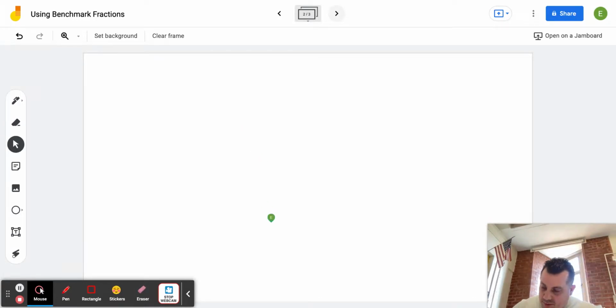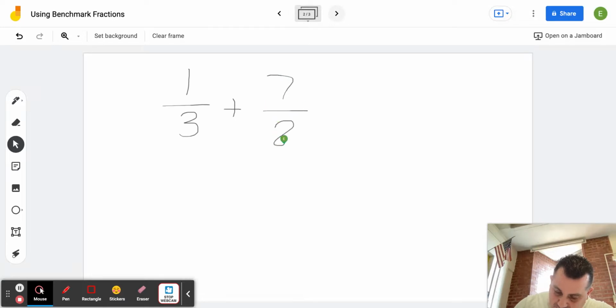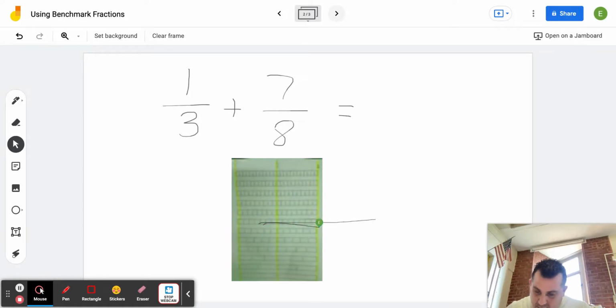All right, so the first thing we're going to do is 1/3 plus 7/8. To do 1/3 plus 7/8, I'm going to pull up a picture of our benchmark fractions from my library.